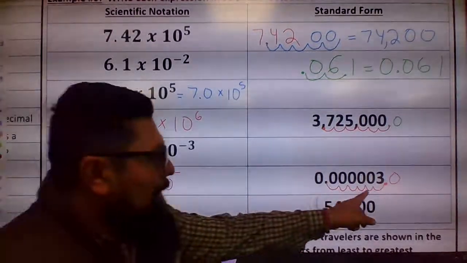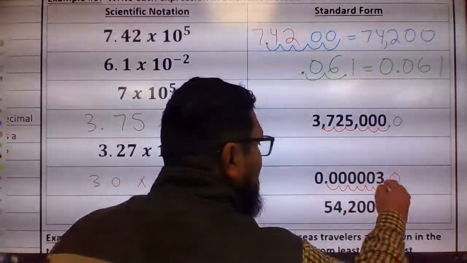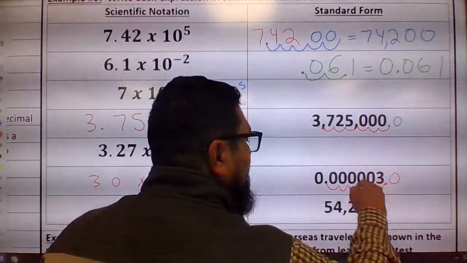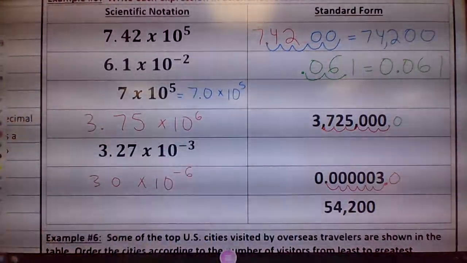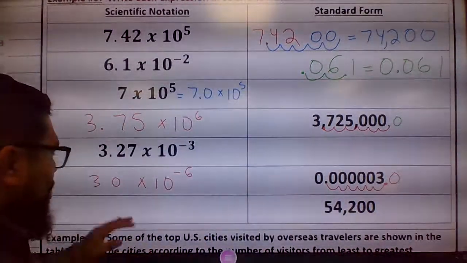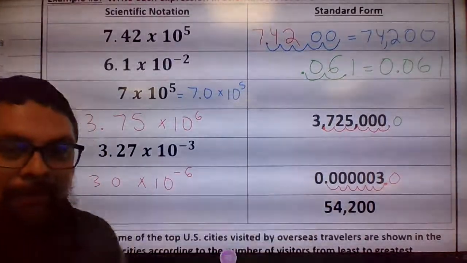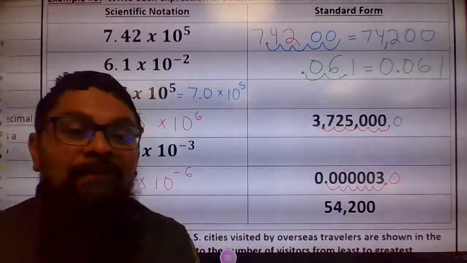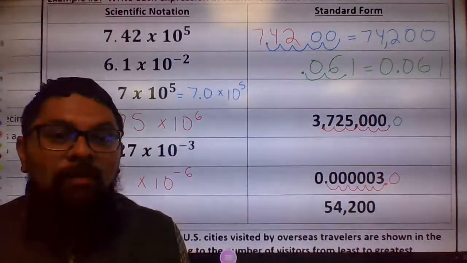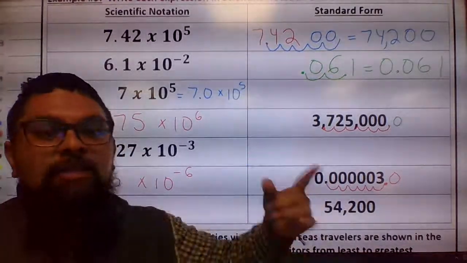Times 10 to the negative something. Now, if this was to move back, let's see how many times it moves back to the left. 1, 2, 3, 4, 5, 6. So this is to the negative 6. So you're seeing that when it's a negative 6, it's a small number. When it's a negative, it's a small number. You should have realized that when we did negative exponents, when we have 10 to the negative 1, it's small compared to 10 to the first.